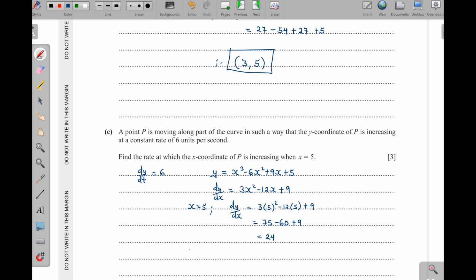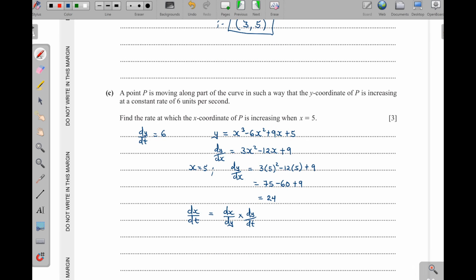Now, we need dx/dt. So I'll put here dx, then here dt. But x and y are connected, so I will say dy, then here dy. Now, dx/dy is equal to 1 over dy/dx.